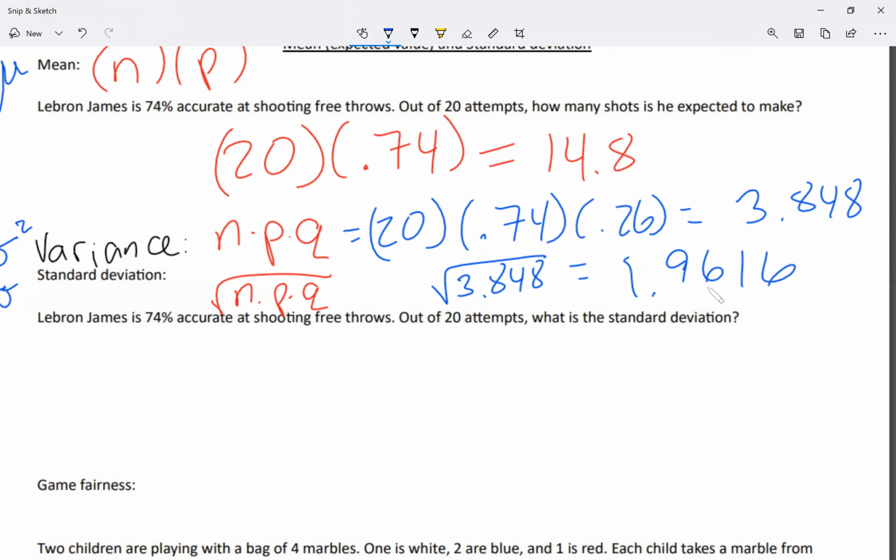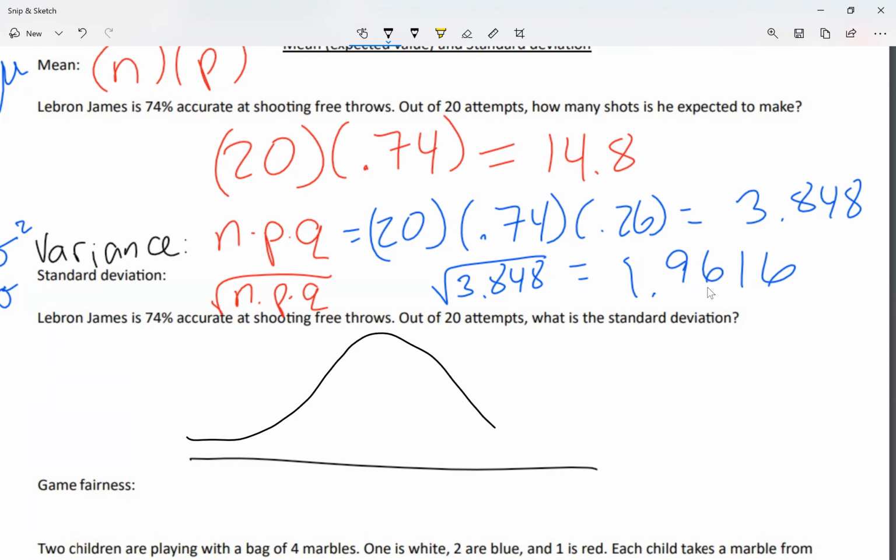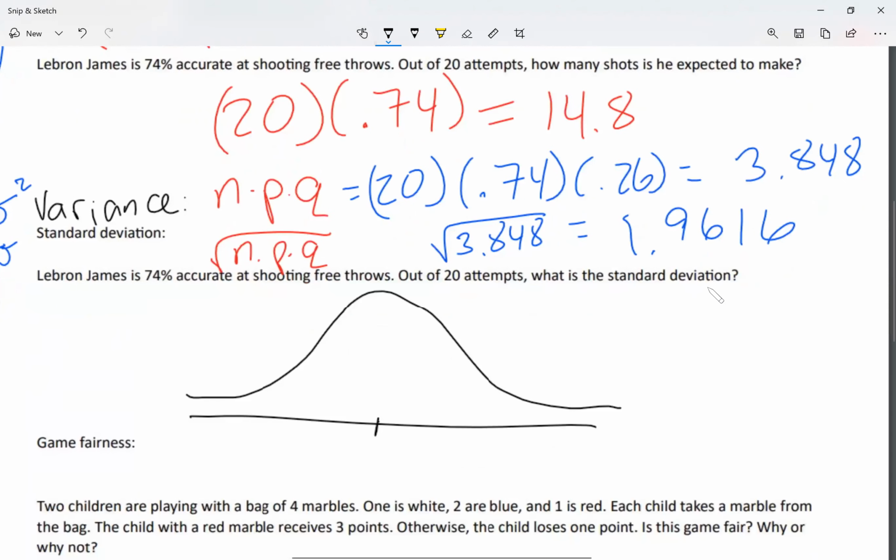Now, remember how back in the days I introduced you to what we call the normal distribution that looked almost like a bell shape. Remember that figure? And then I said in the center we have our mu, our expected value.